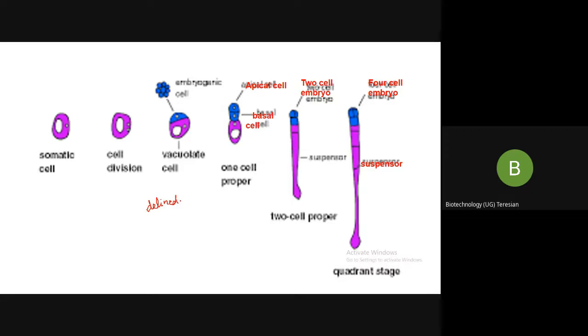So the primary tissues and the organ systems, as I said, are defined. Here you can see that we have taken the somatic embryos. Embryo development occurs through an exceptionally organized sequence of cell division. Your cell has to divide, it should undergo enlargement, and it has to undergo differentiation.